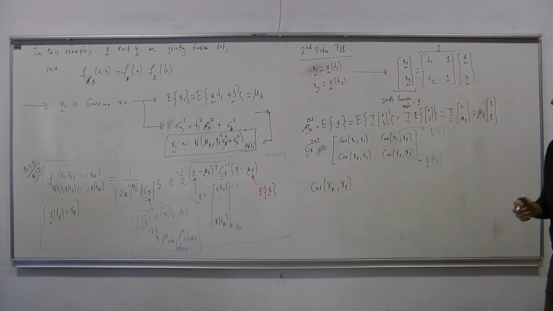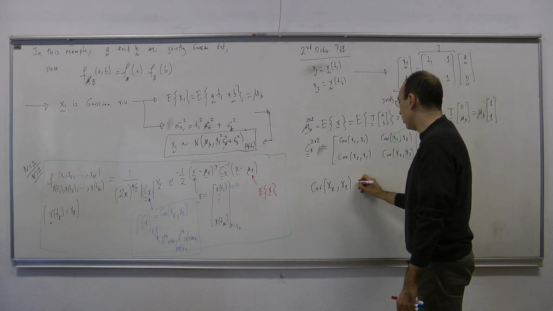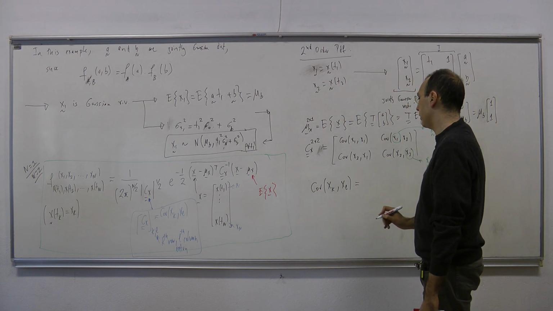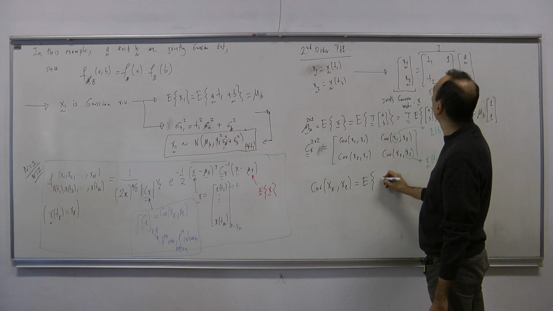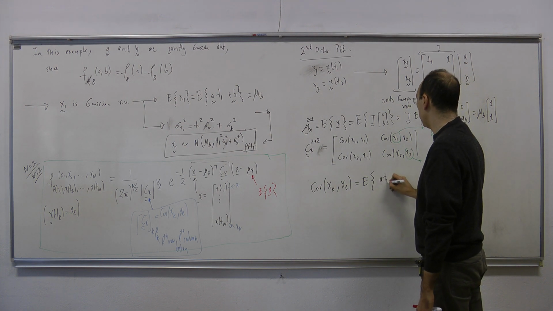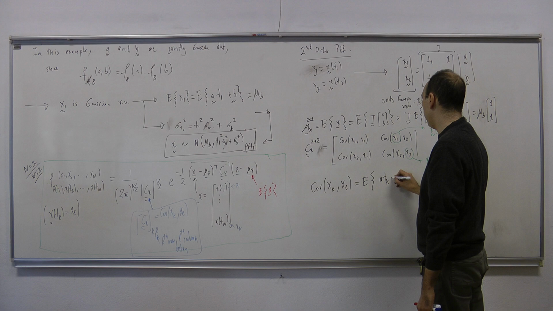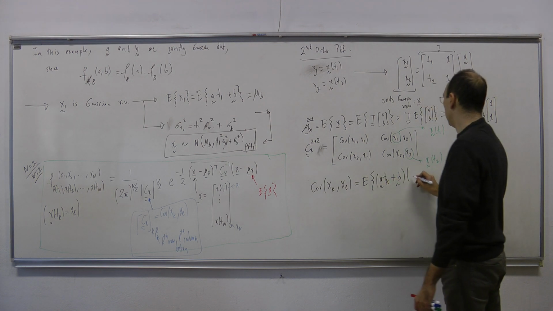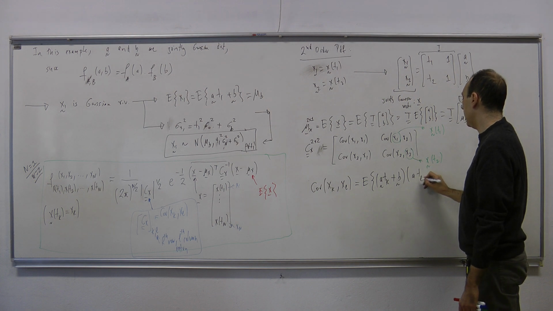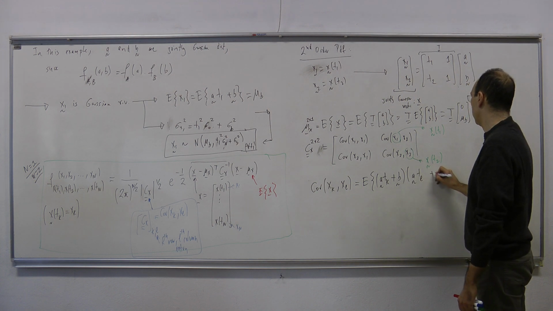Okay. So this is equal to, so how can I calculate this? So this is by definition expected value of, what is xk? A times tk plus b, a times tl plus b.